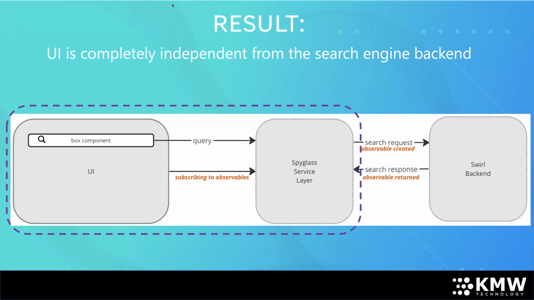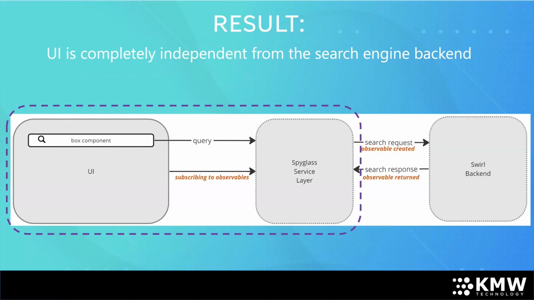So what happens is our query comes from the UI within our service layer, which holds our configuration. We are able to form a search request that goes to whatever backend. So originally we just had this for Solr, but obviously a big chunk of our work here was to extend that so that we could talk to Swirl's backend and issue a search request and get a search response.